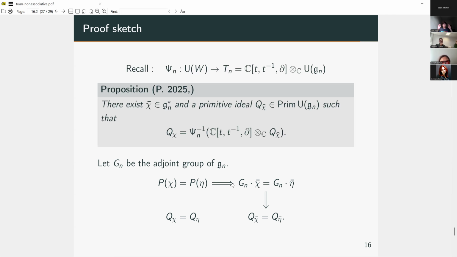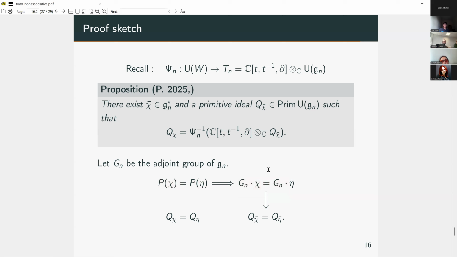What I mean by closely related is that you can prove that the coadjoint orbit of Gn on chi bar equals the coadjoint orbit of Gn on eta bar. So that's what it means to be closely related. We can prove this.